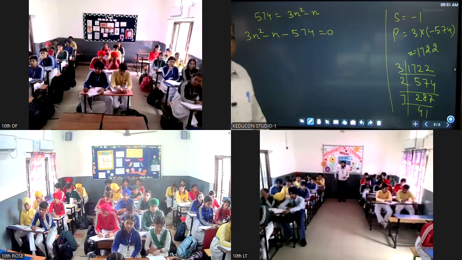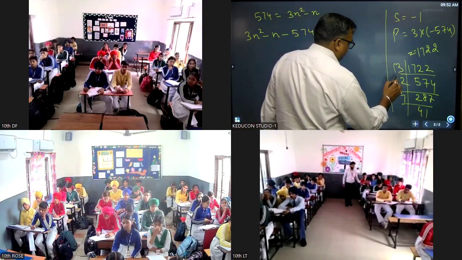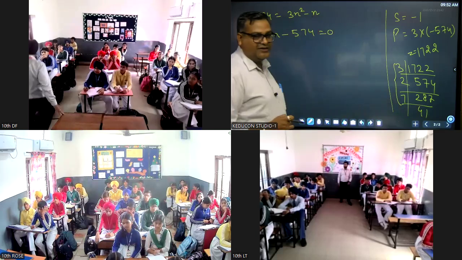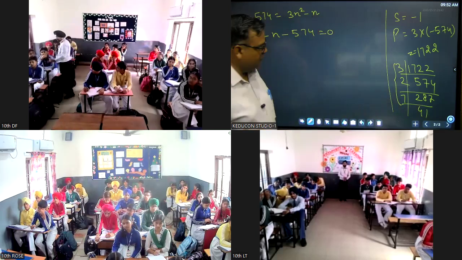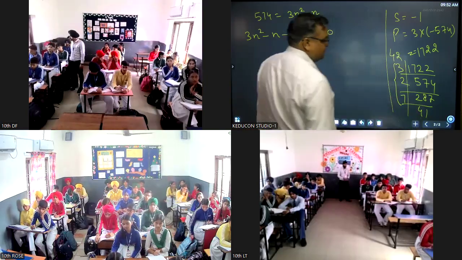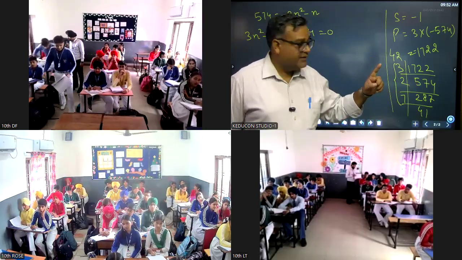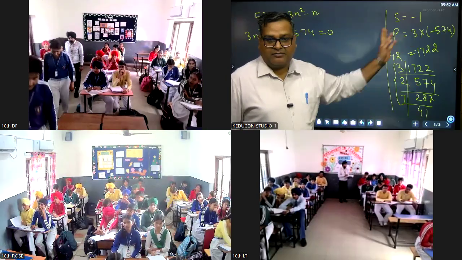Now students, we have factorized this. If you observe carefully, what is the product of these three terms? 3 2s are 6, 6 7s are 42. So the product is 42 and one factor is 41. The difference of 42 and 41 is minus 1.